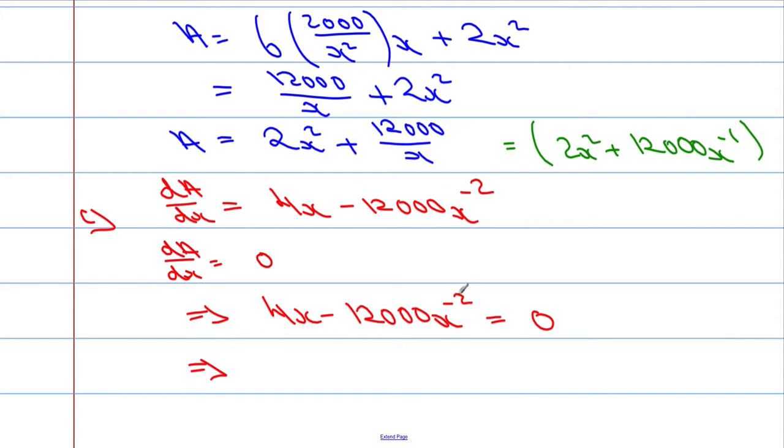Okay, I don't like that x to the negative 2. I'm going to multiply everything by x squared. So we get 4x cubed minus 12,000 equals 0. Okay, so let's add 12,000 to both sides.